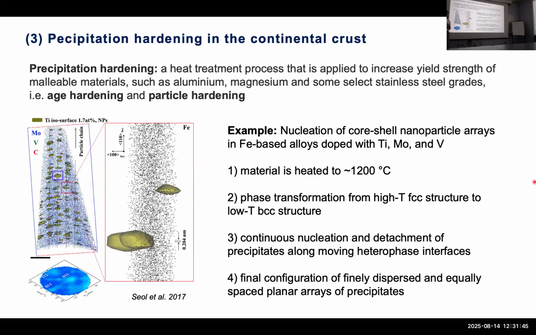So the way this works is the material is heated, and then during subsequent cooling, the material goes through a phase transformation from the high temperature FCC structure to the low temperature BCC structure. During this phase transformation, we start to get the nucleation and detachment of precipitates along this moving boundary. So this leads to equally spaced planar arrays of precipitates within the material.